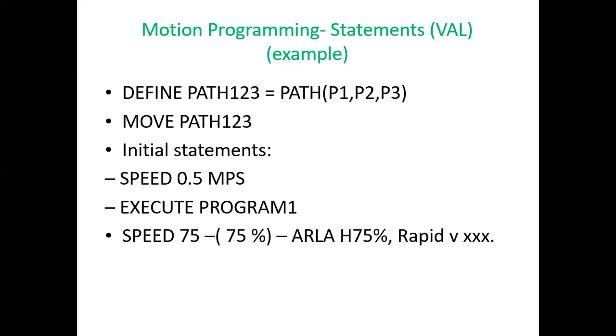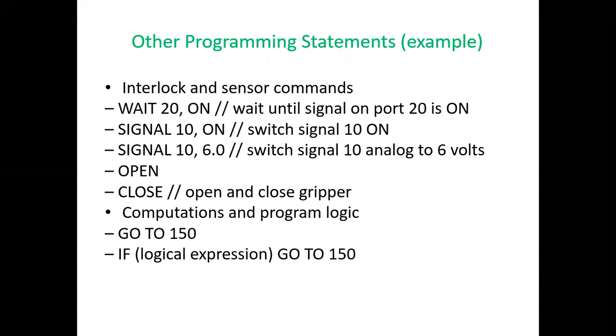Then initial statements. Initial statements define the speed and executing process. So speed will be 0.5 MPS, then EXECUTE program 1. So SPEED 75 percent. So RAPID. So other programming statements. So interlock and sensor commands. WAIT 20 ON, that is wait until the signal on port 20 is on.